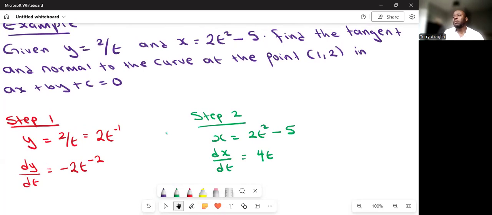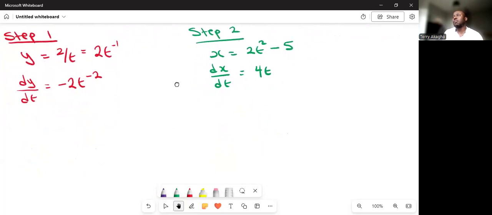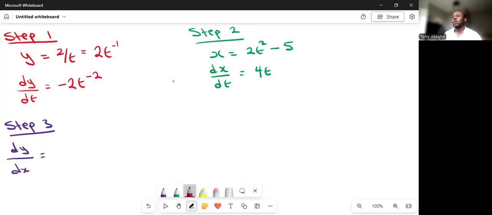So step 3. I told you that you then have to divide dy over dt by dx over dt to give you dy over dx. So dy over dx is equal to dy over dt all divided by dx over dt.